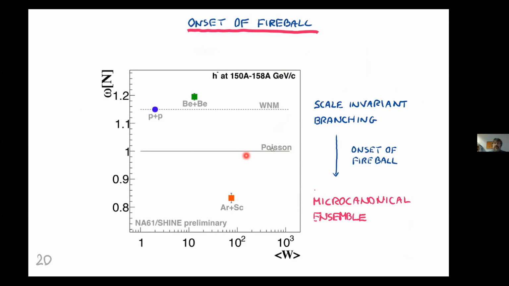So we called this effect, this rapid change from the p+p, beryllium regime, which we try to argue scale invariant branching describes, to something which looks like microcanonical ensemble fluctuations, with this rapid switch, the onset of phi.